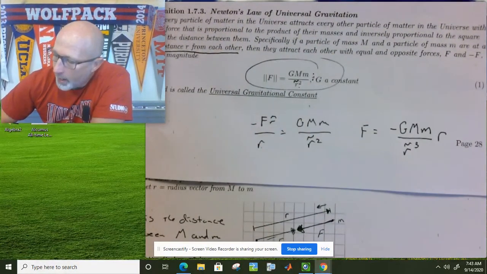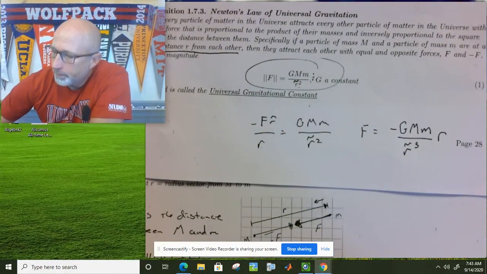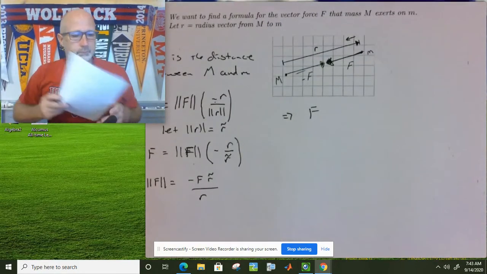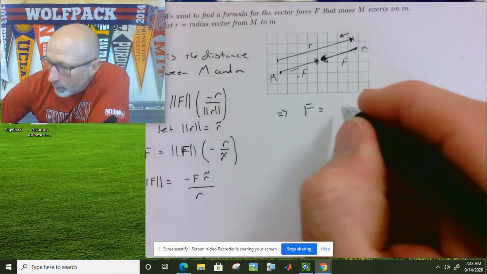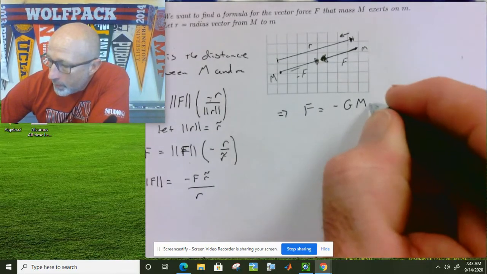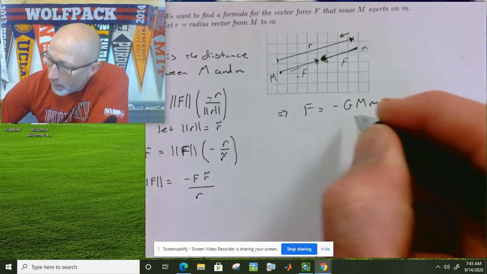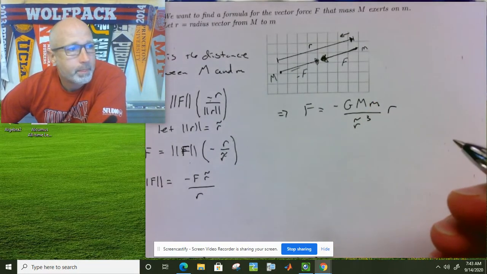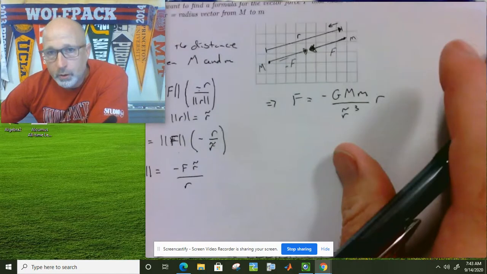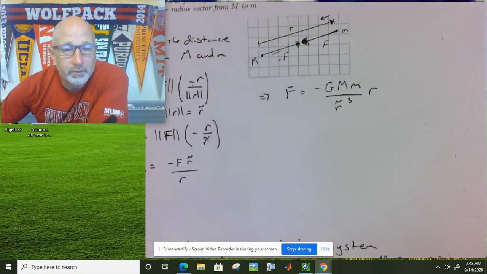I'm going to go ahead and write this on the opposite page then. So therefore we have F is equal to negative G M m all over r tilde cubed times r. But I also know that force is equal to m times a, mass times acceleration.